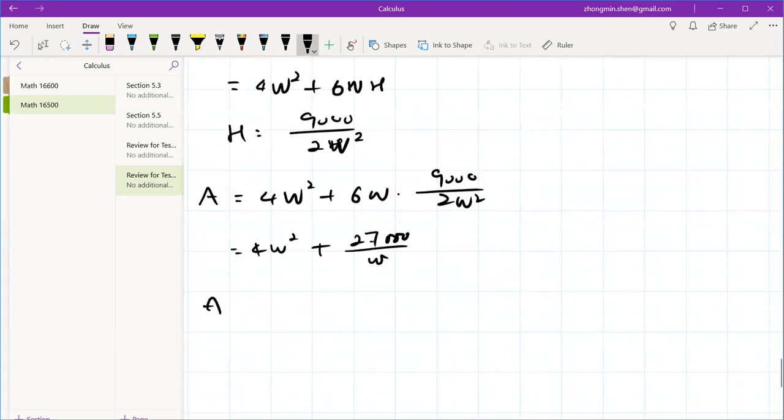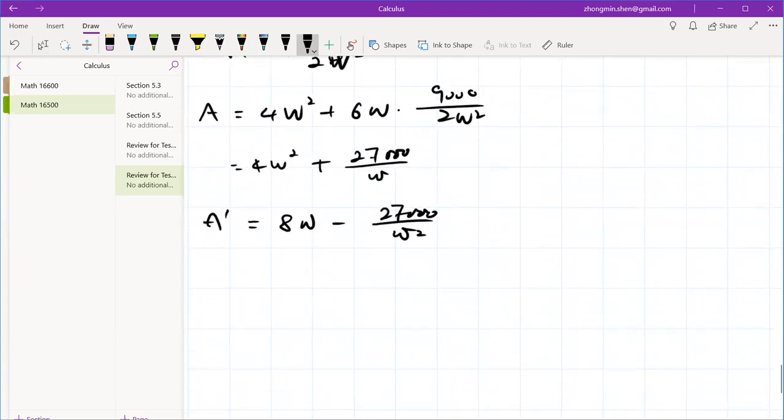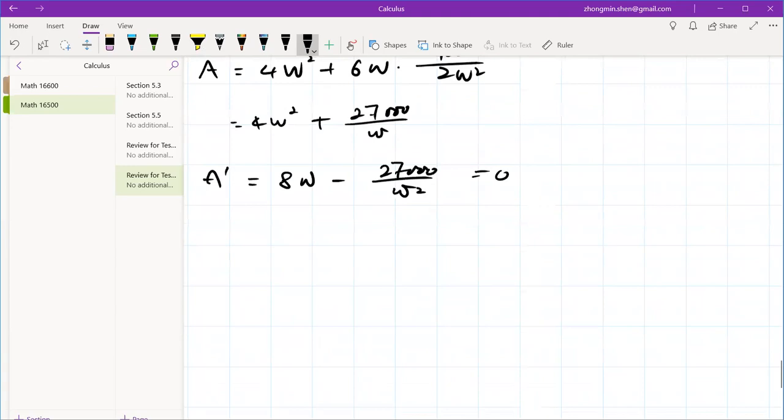So we find the derivative. It's going to be 8W minus something, and set this to 0. Then you get 8W cubed equals 27,000.